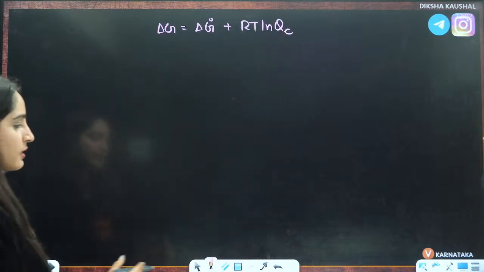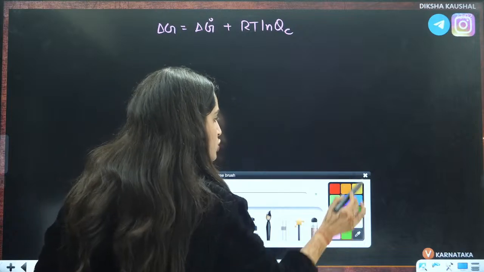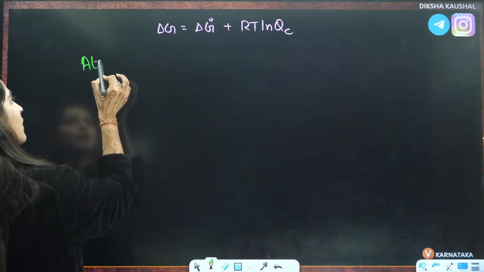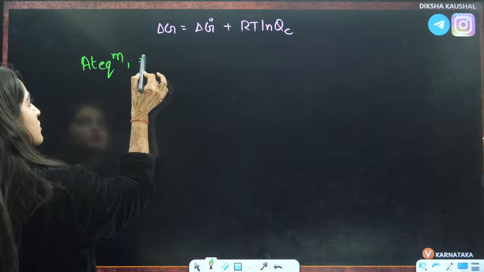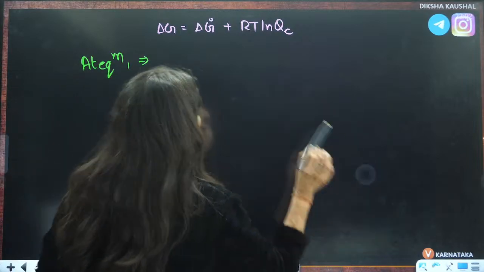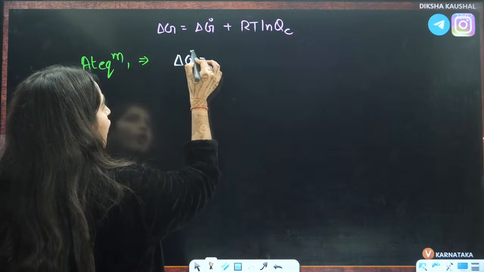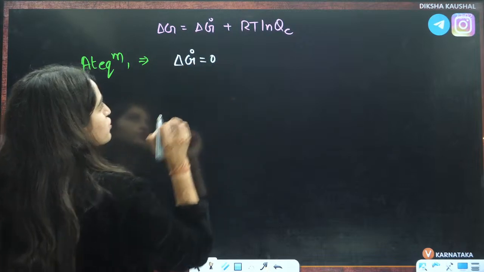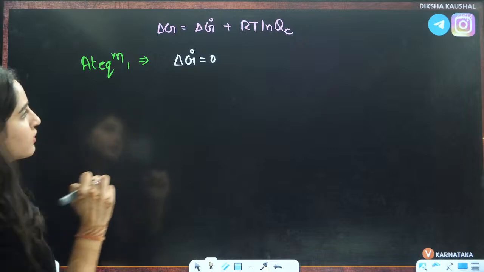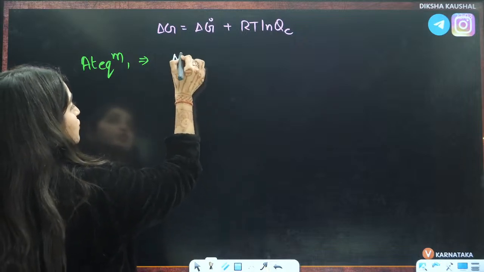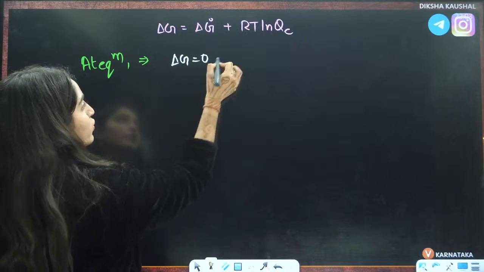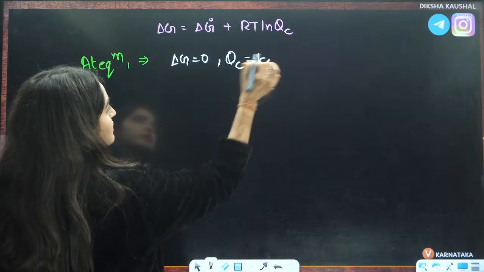That is another formula. So here also at equilibrium, do the same thing. Here delta G will be equal to 0, and QC will be equal to KC.